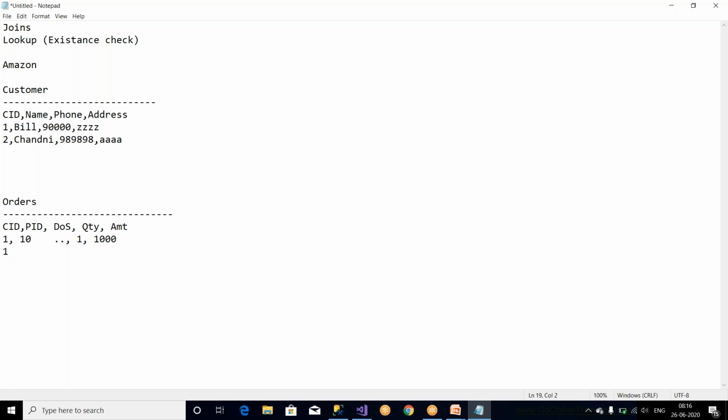Again, you are ordering one more product, number 12, some date, quantity again 1, and you paid this much amount. And we have customer number 2, she bought the product ID, one quantity, she paid this much amount. Like that.